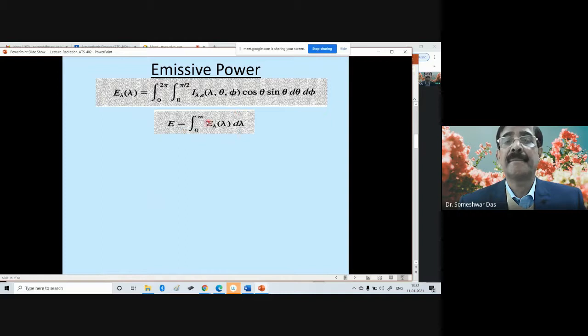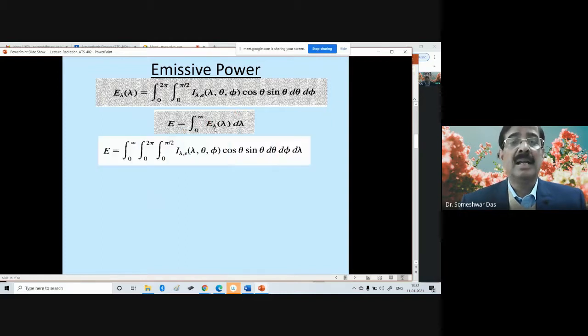And E is again given by a triple integration, 0 to infinity. That means you're considering all the wave bands, in all directions, 360 degrees around the earth, and 0 to pi by 2, from the surface to the vertical.